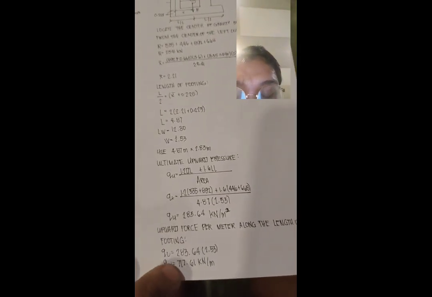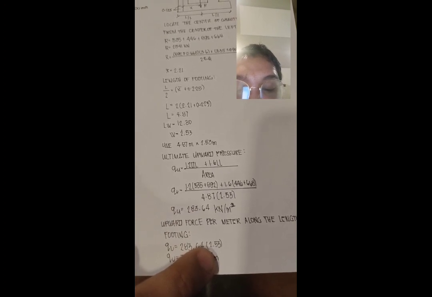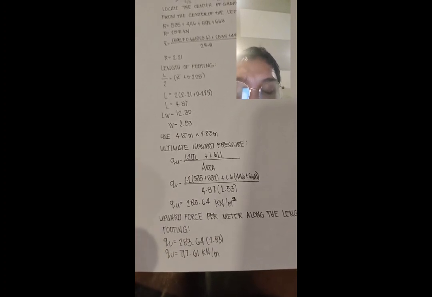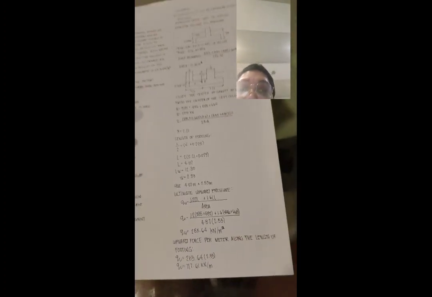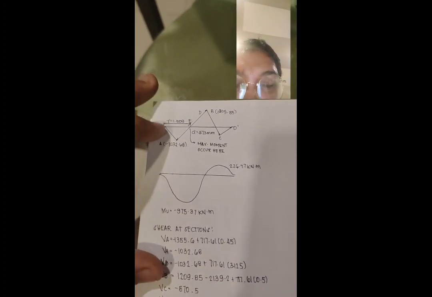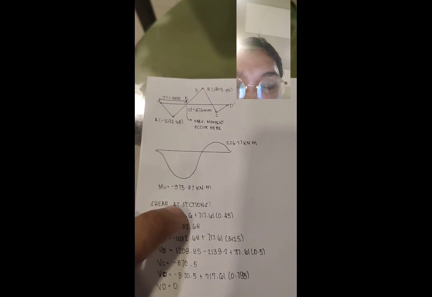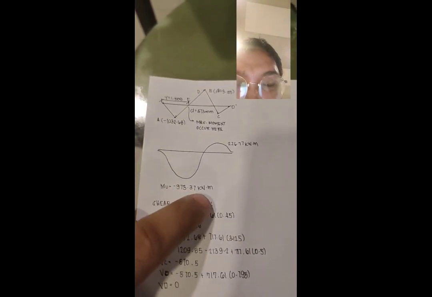For the upward force per meter along the length of the footing, we have the QU of 285.64 times the width W of 2.53. We get 701.61 kilonewtons per meter. Next page. This is the diagram, the figure here. We can see that MU is negative 975.37 kilonewton meters.